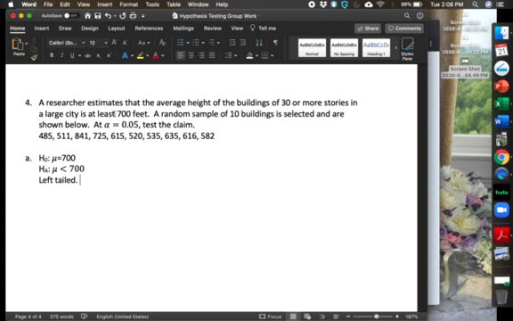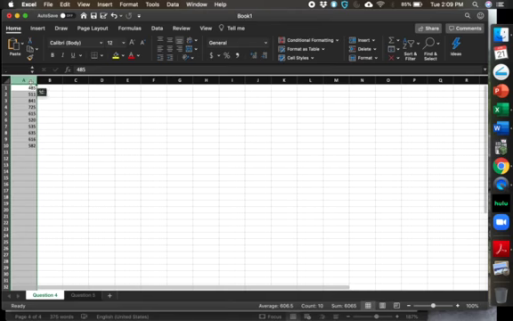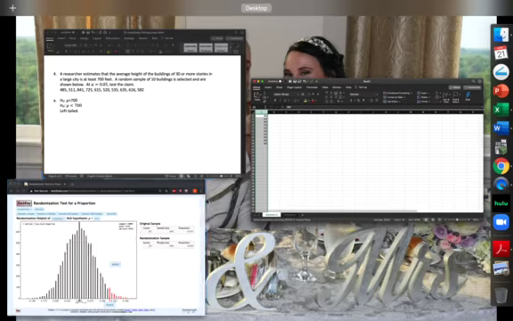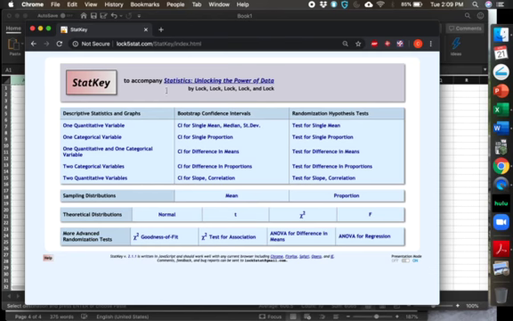Now that we see that this is left-tailed, we have to enter the data directly into StatKey. To make it a little bit easier, I have these values typed into Excel. We're just going to copy and paste. So question 4 data. We'll copy the data, and now let's go into StatKey. In StatKey, we're now doing a randomization test, not for a proportion, but for the mean value.